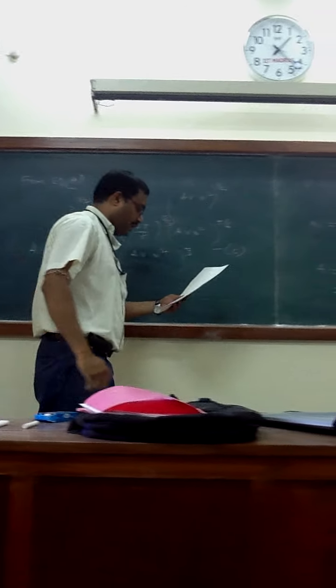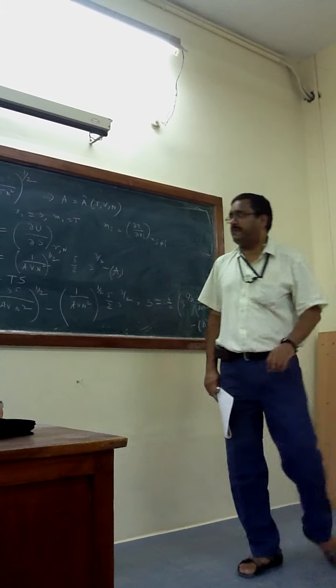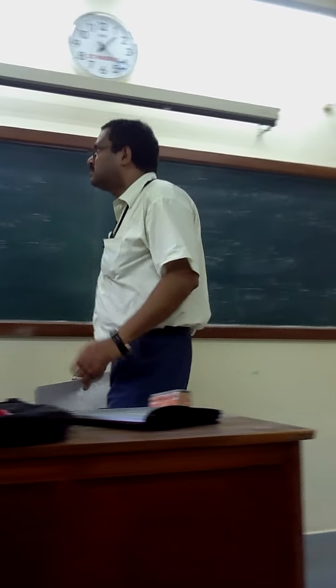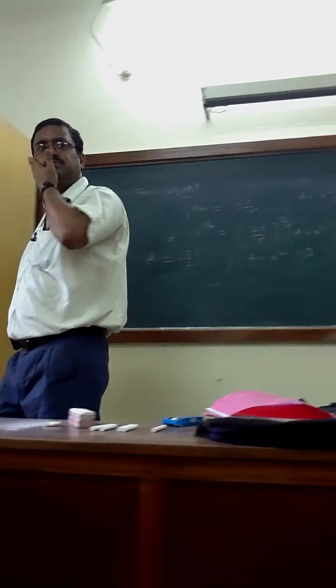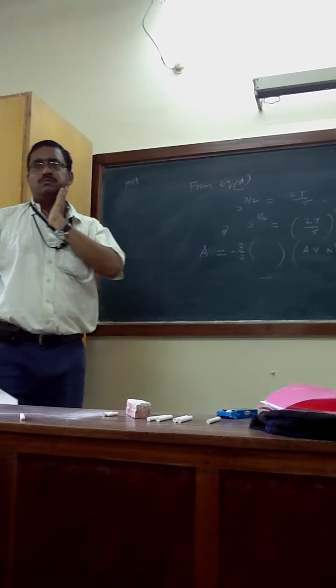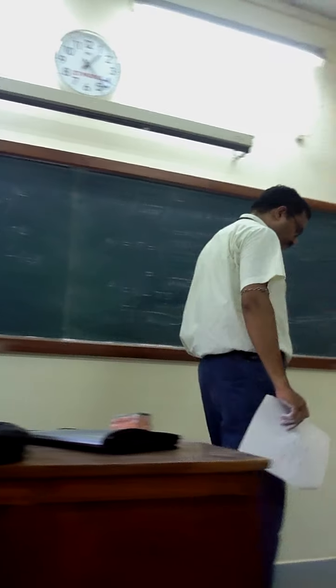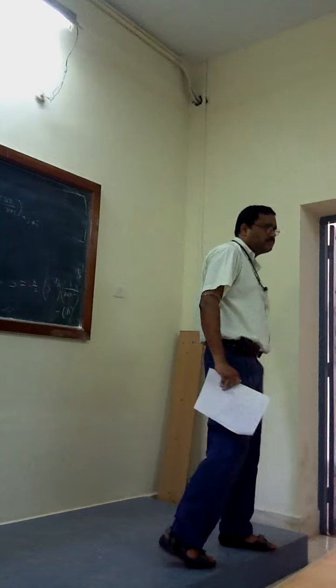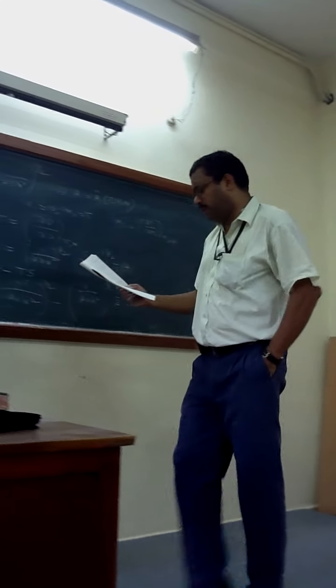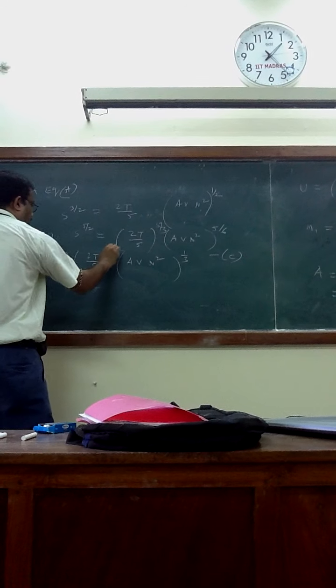I am giving almost the full answer. Only one bracket I am asking of you: 2T by 5, then (2T by 5) to the power 5 by 3.